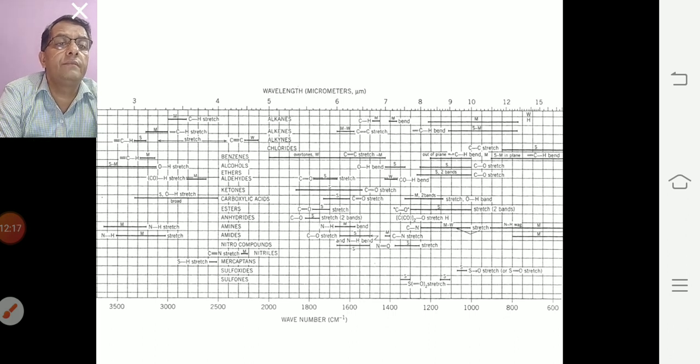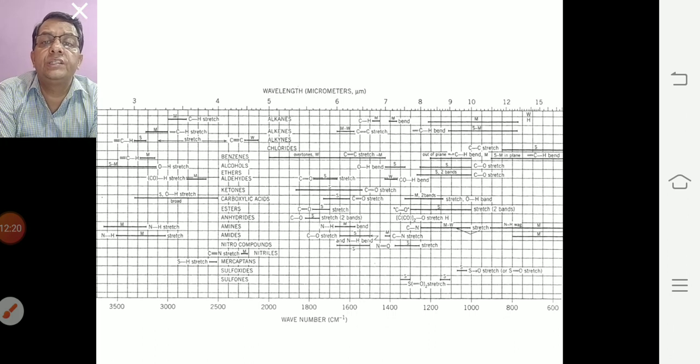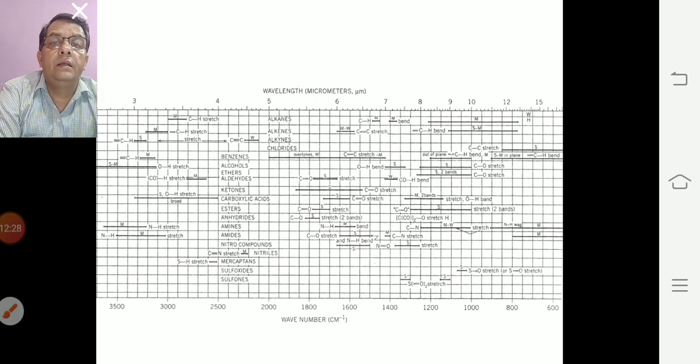In the case of alkene, the CH stretch is recorded after 3000 per centimeter, and the C double bond C stretch is recorded at 1500 per centimeter to 1650 per centimeter, and CH bend is recorded around 800 to 1100 per centimeter.